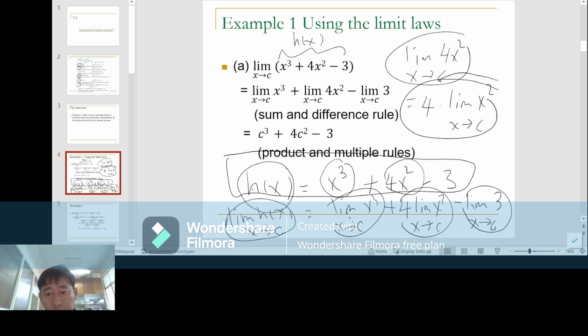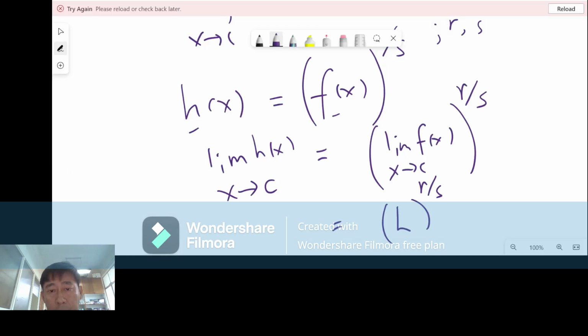Okay, and in order to proceed further, the limit of x power 3 is this.